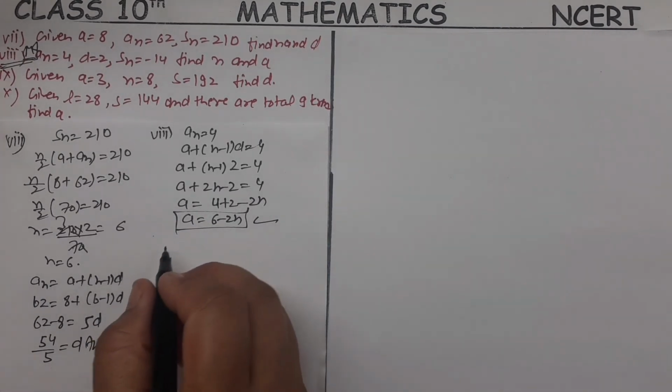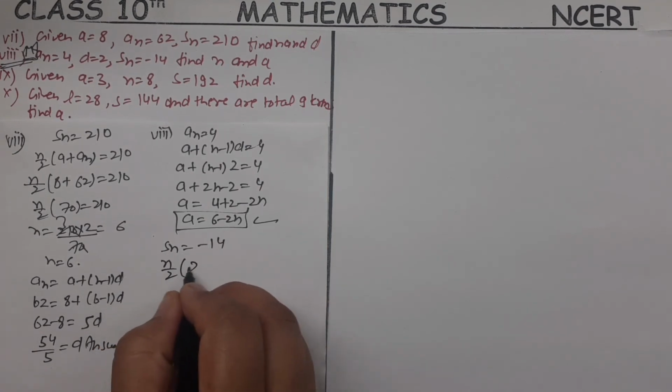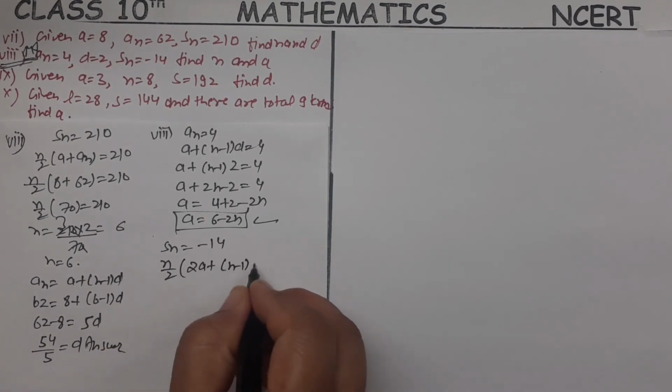Next, S_n = minus 14, n by 2, 2a plus (n minus 1)d.